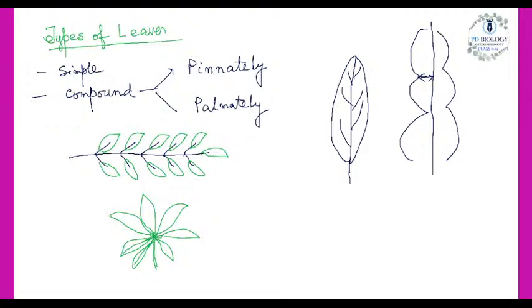This type of structure is very common in silk cotton, the Bombax ceiba, the Alstonia scholaris. These are the common examples of palmately compound leaf. This is the petiole, and they are all originated at the tip of the petiole.